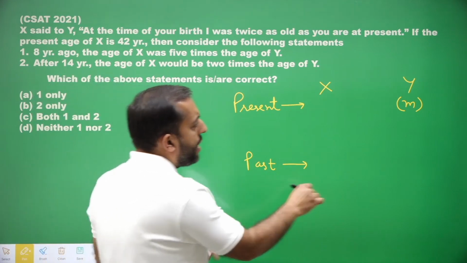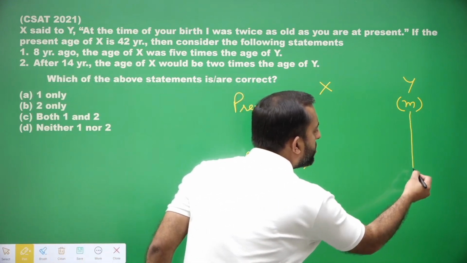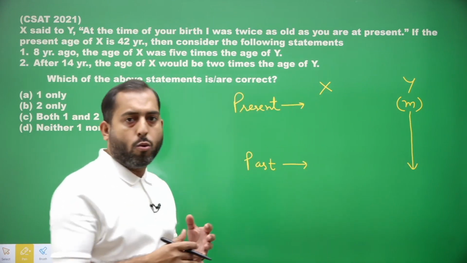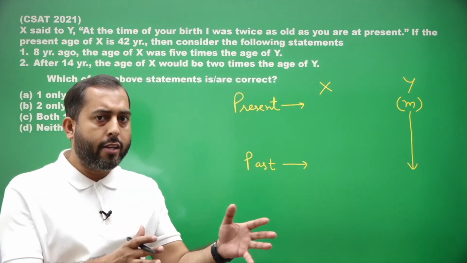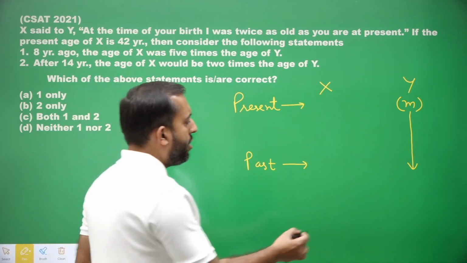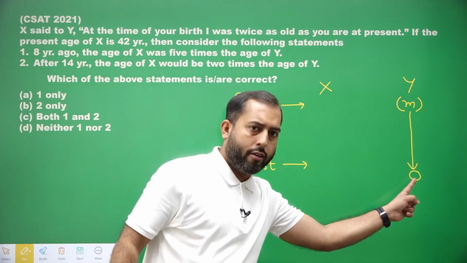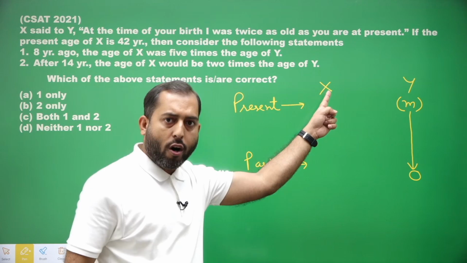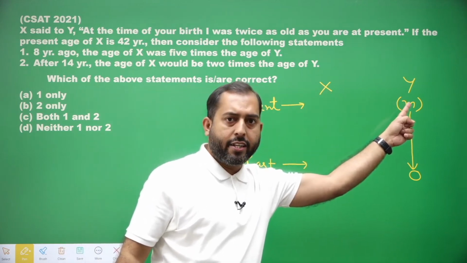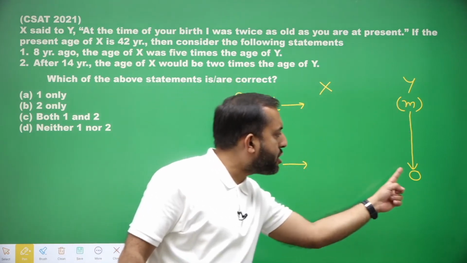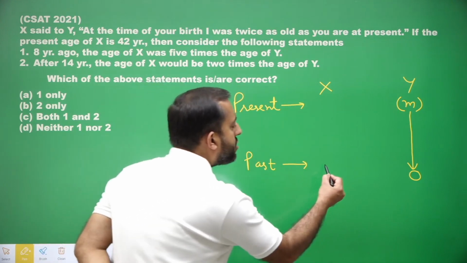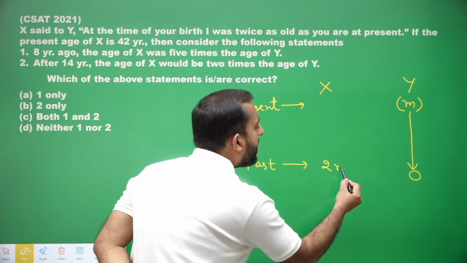So in the past, when Y was just born, so when a baby is just born, his age is what? His age is 0. So the moment when this Y was born, X was twice his present age. Meaning, when Y was just born, X was twice the present age of Y.